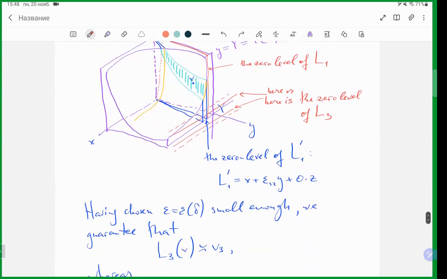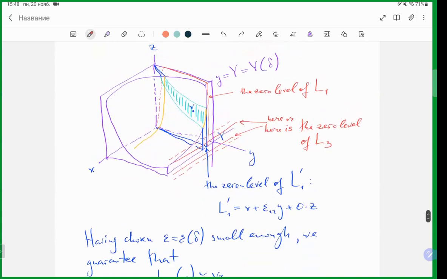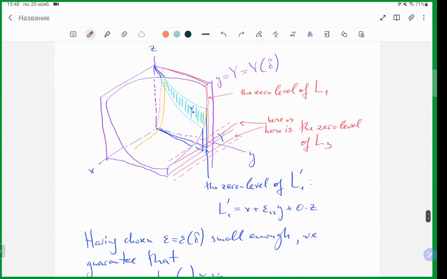And if we put something non-zero over here, the intersection with this plane will be this very blue line lying in the horizontal coordinate plane.